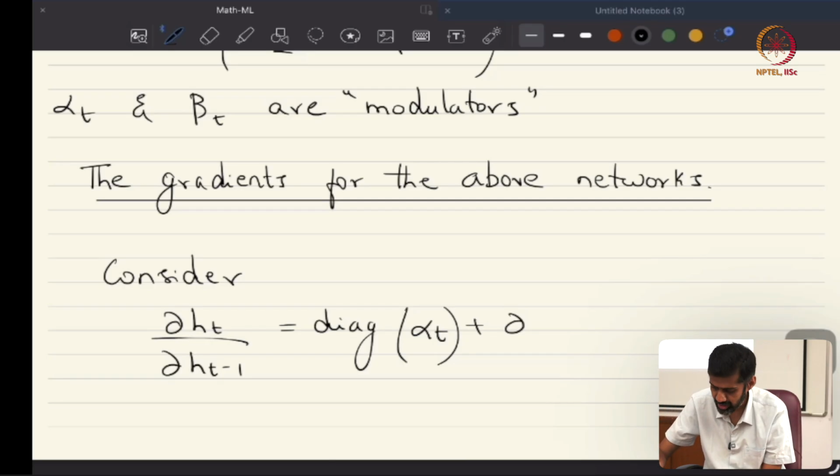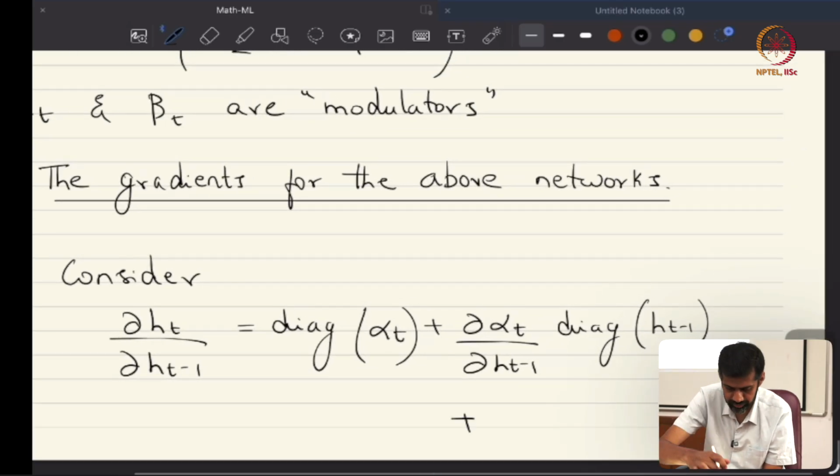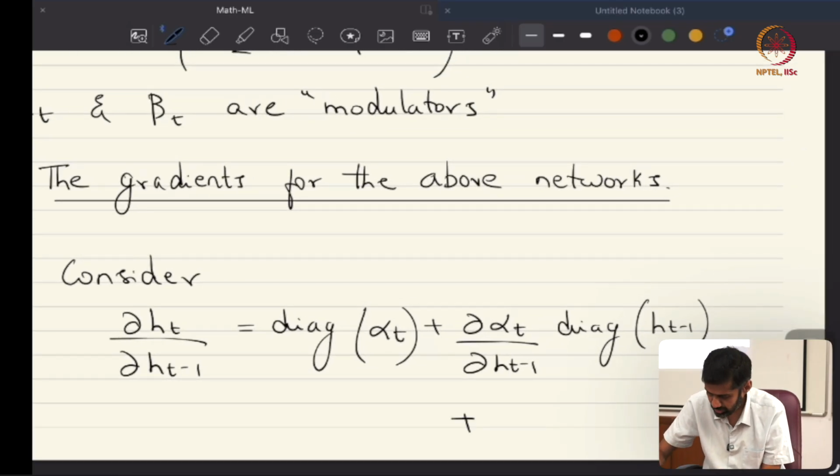And since we are looking at gradients, sorry, vectors, I'll have to write it this way: h_{t-1} times diag of h_{t-1}, plus the partial of beta_t times h_t tilde divided by the partial of h_{t-1}.